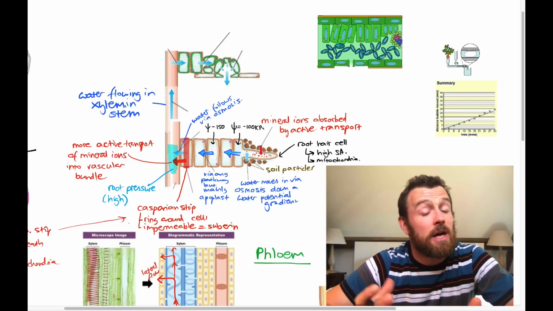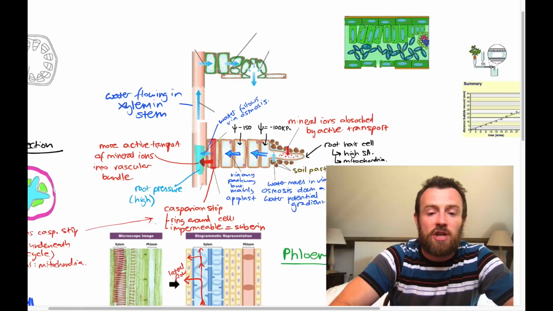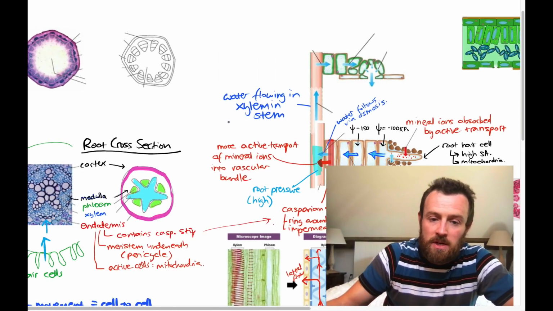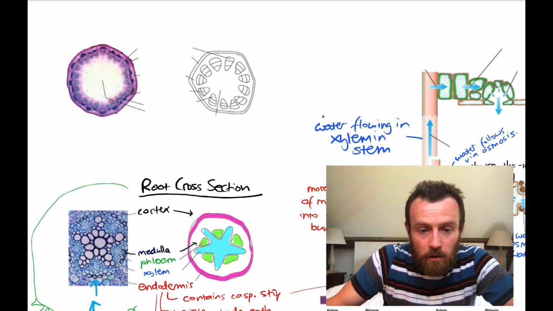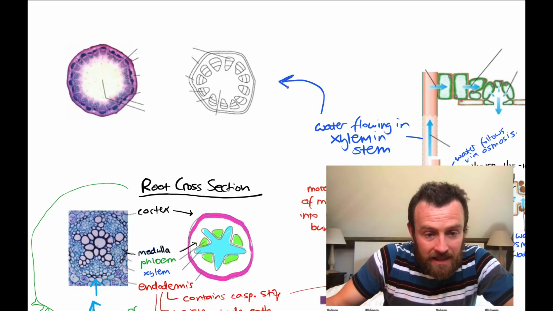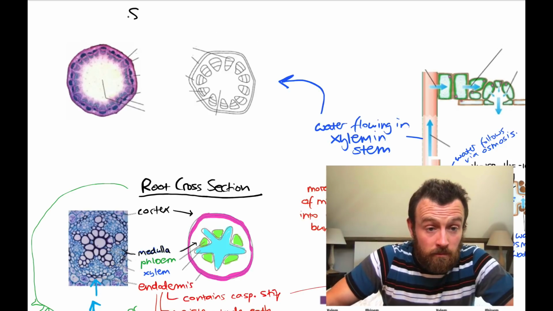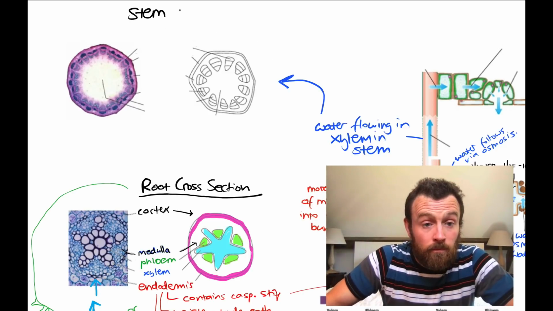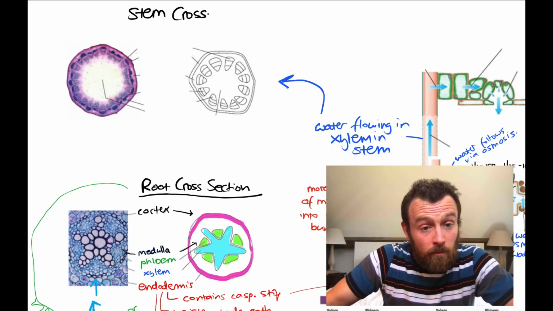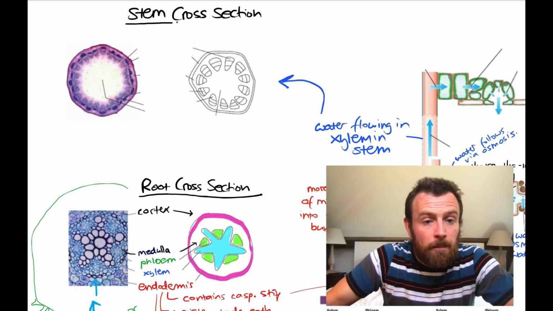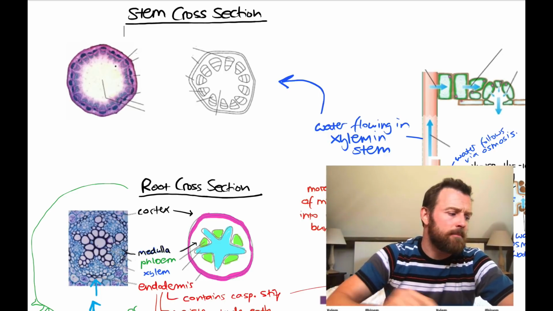Right, but we need to, again, recognize the shape of a cross section. So let's go and look at that. So here is a stem cross section. Now this would be a stem cross section.